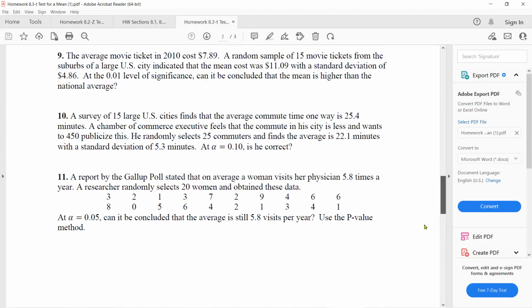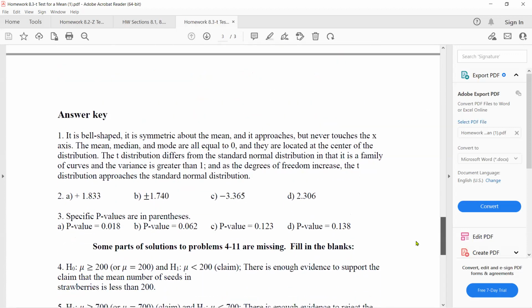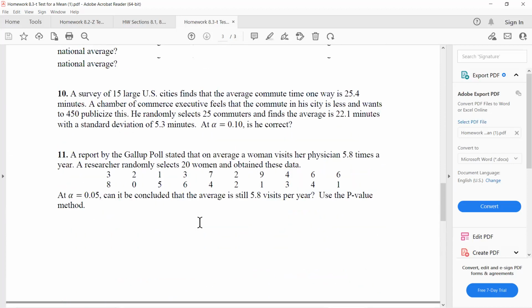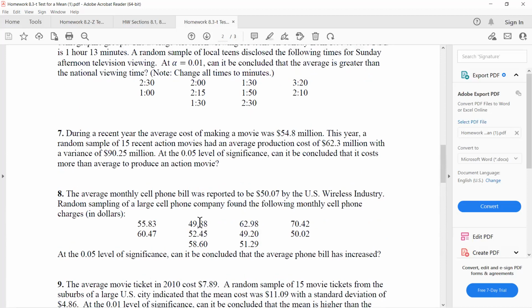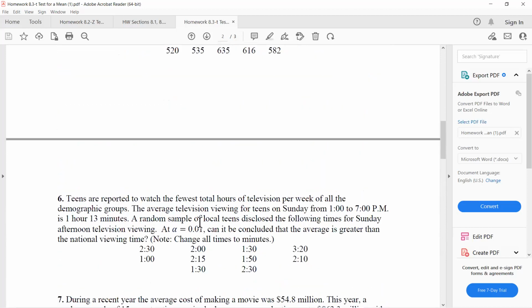P-values, there's only ever one p-value. Okay. So 0.062 is your p-value there. Let's go back to C.